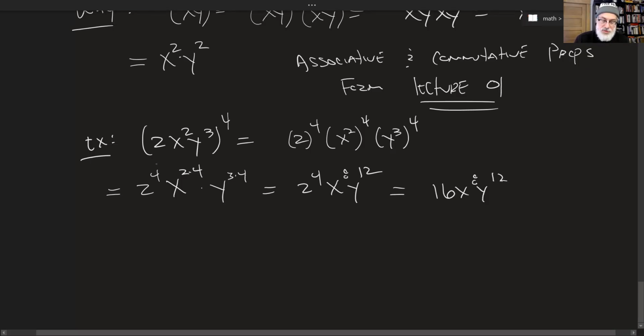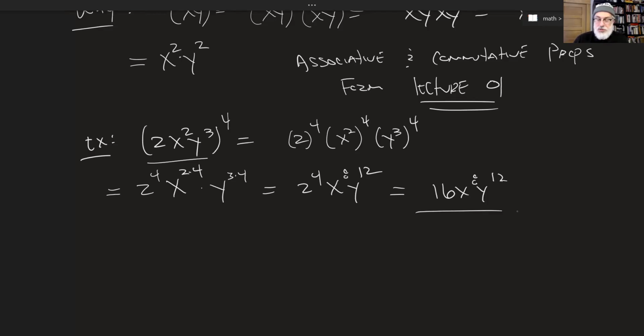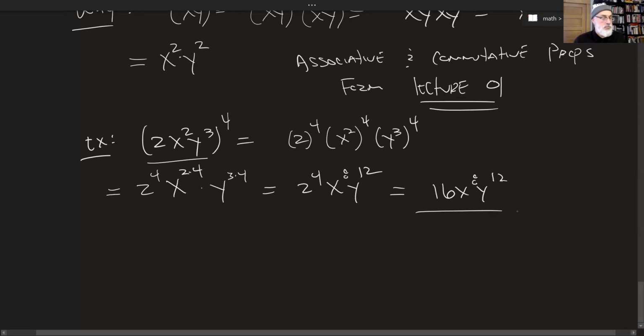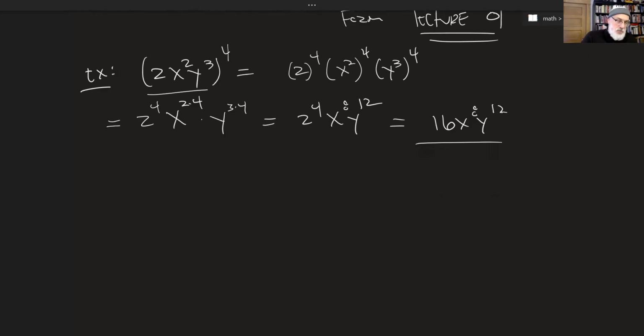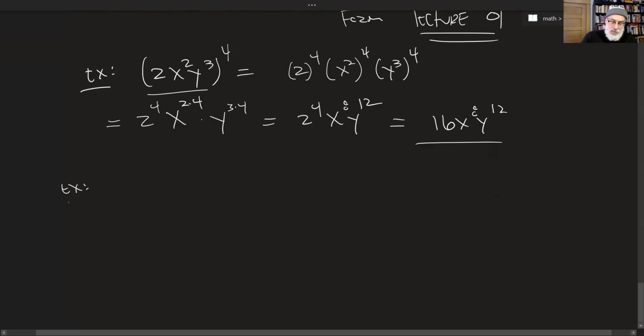So these are equivalent expressions. It might be a little clearer, 16x to the 8th, y to the 12th, than what we had before. And that's sort of the goal of this section, to take exponents and handle them so they look a little bit more manageable. That's relative, of course. Sometimes it might look worse, but that's math sometimes.